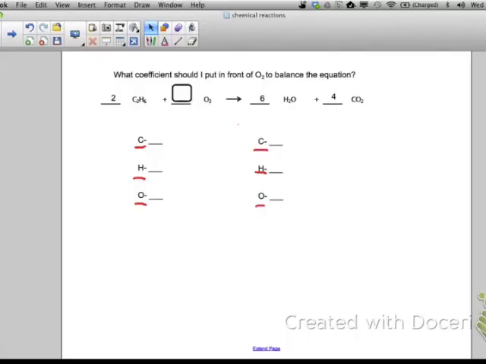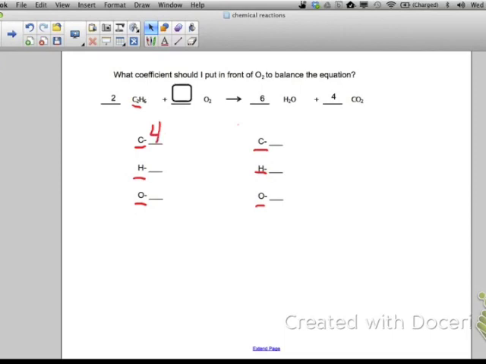I need to figure out first how many C's, how many H's, and how many O's are on these sides to see if it's balanced. I don't know how many O's there are here. That's what I'm trying to find out. So, without further ado, let's take a look at how many C's we have. We have 2 groups of 2 C's, so that gives us 4 C's, 4 carbons.